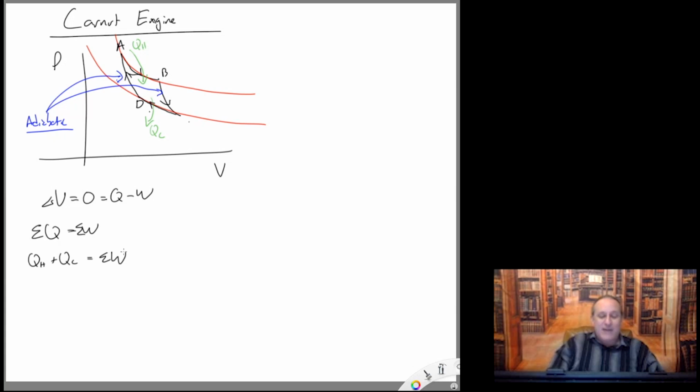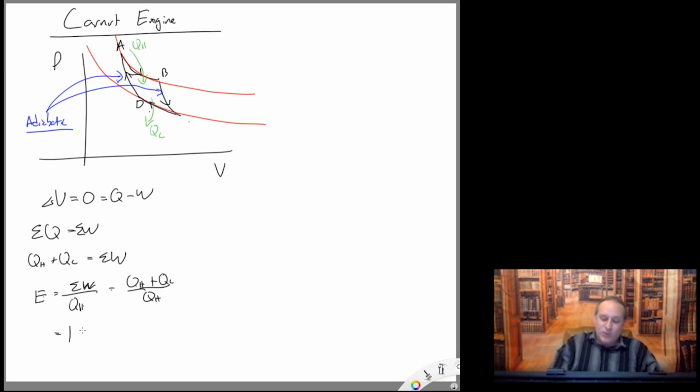So without actually having to integrate this thing, we have a formula for the work based on the Qs. Now the efficiency is equal to the net work over the heat input. The heat input is just my QH. So that's QH plus QC over QH.